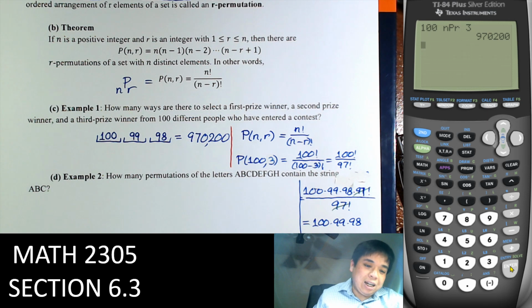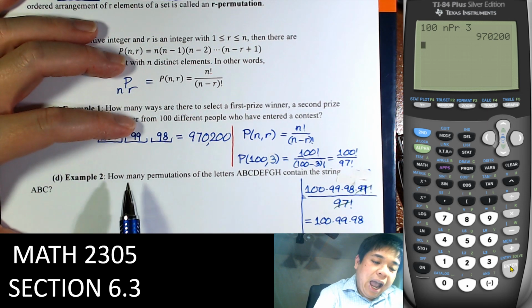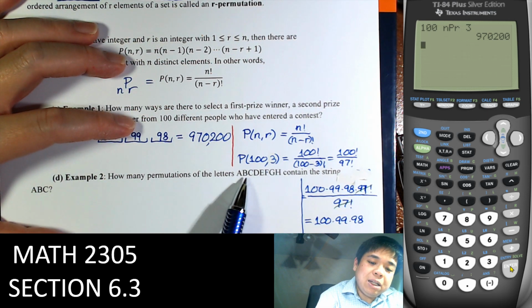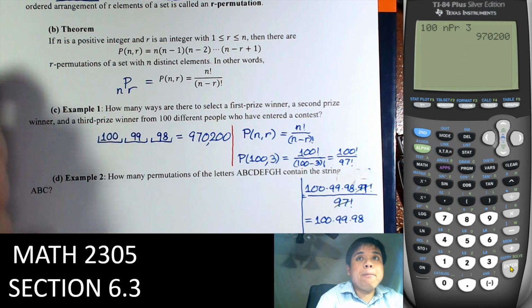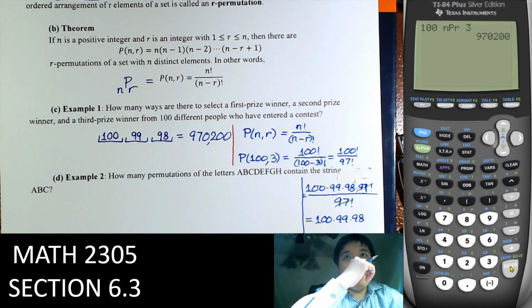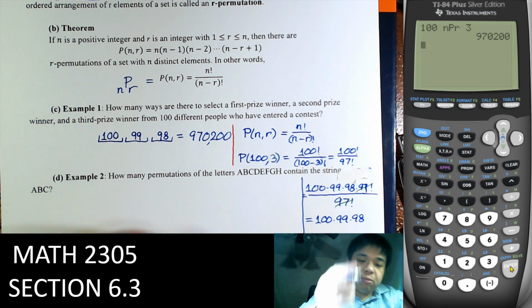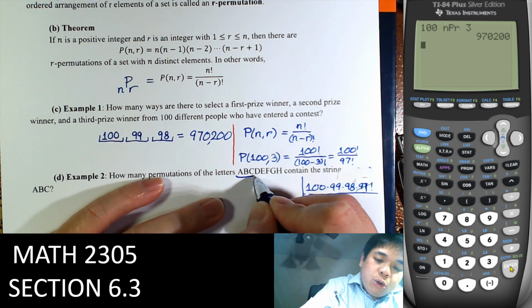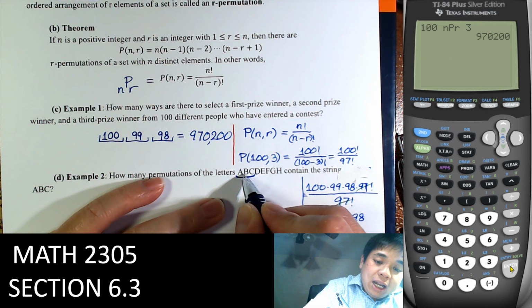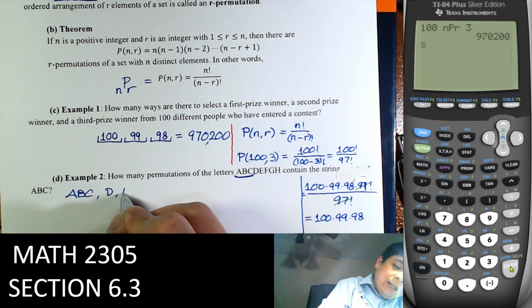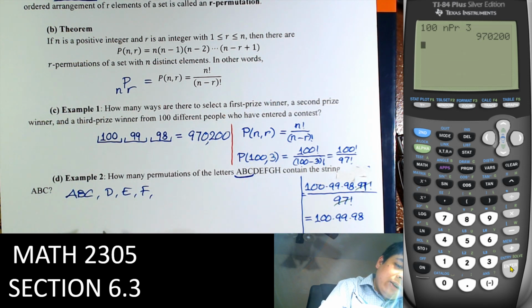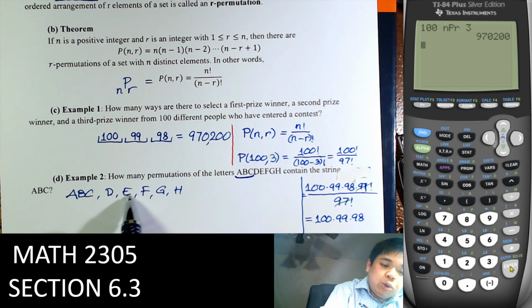Next, how many permutations of the letters A, B, C, D, E, F, G, H contain the string ABC? We have to have A, B, C in that order, so that means we group A, B, C together as one unit. So ABC is one unit, and then D, E, F, G, and H. So 1, 2, 3, 4, 5, 6.